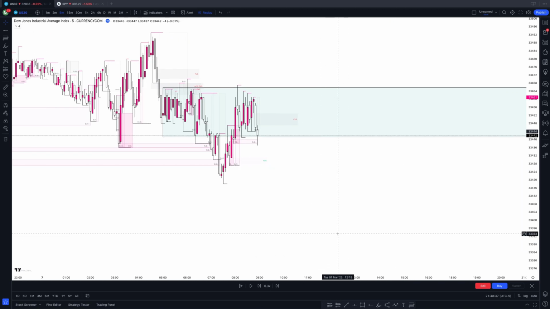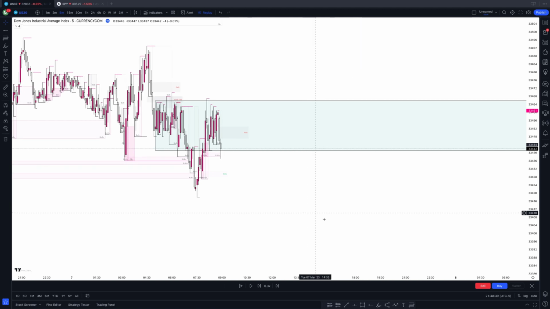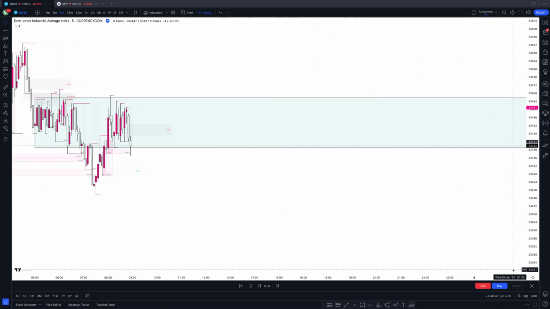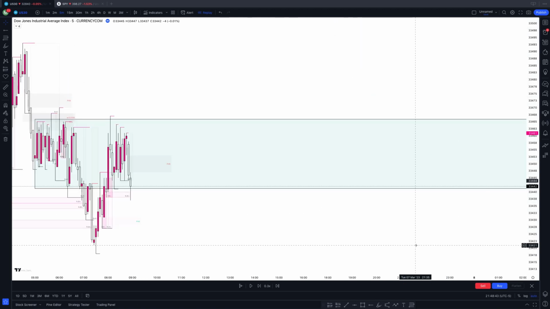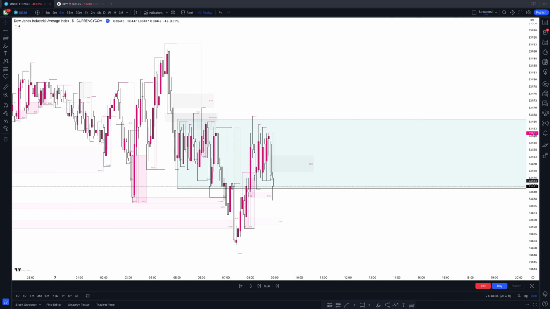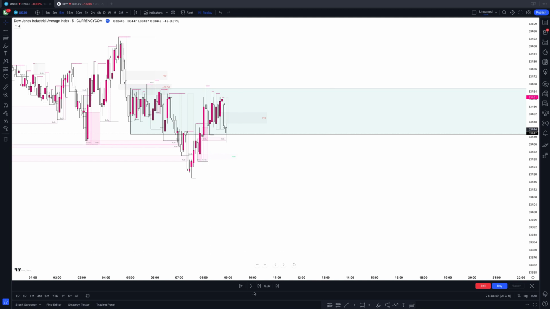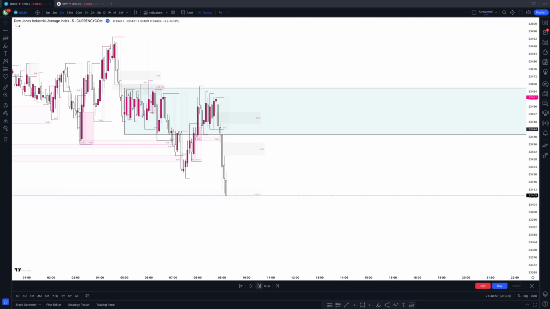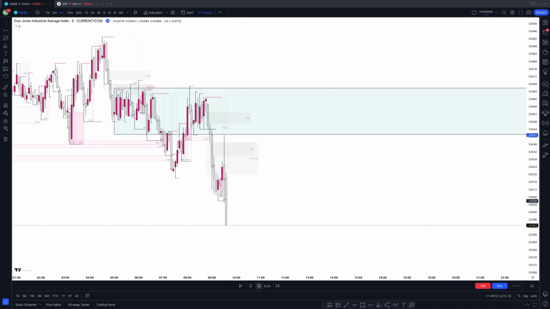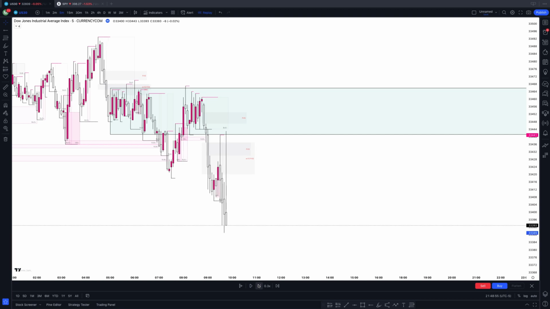So from this point here, let me just make my chart a little bit smaller. You guys are gonna see exactly at 10 a.m. when news started. So what time is it here? It's 9:50 here.